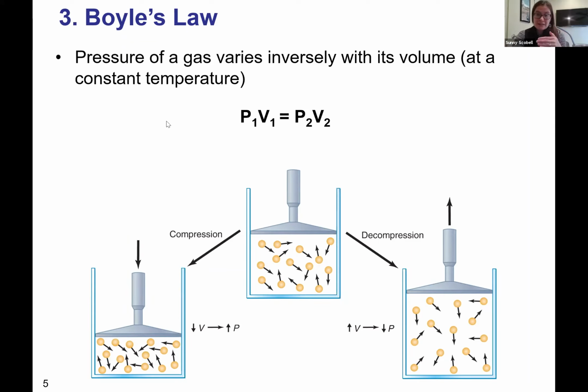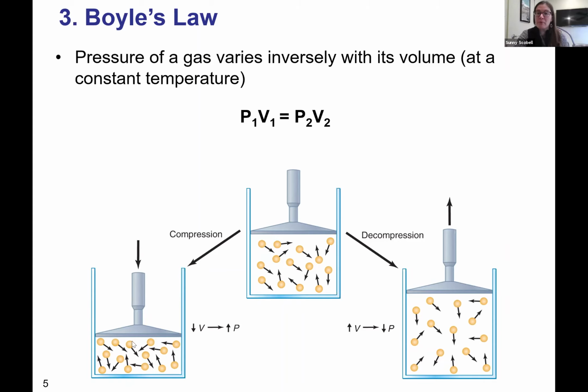So at a constant temperature, which we are going to assume the lungs are, since human body temperature stays pretty constant. If you did this in snakes, you would have to do an equation that accounted for it. At a constant temperature, if you change the volume, you're going to change the pressure, and they're inversely proportional to each other.